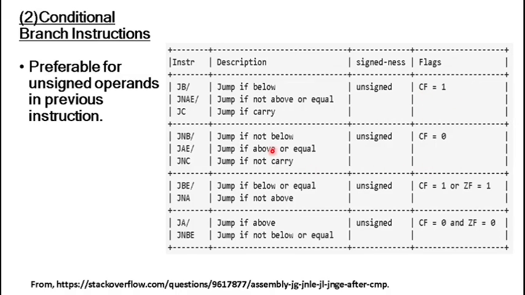Then if you have a compare where the result is below or equal, that is less than or equal, and you need to perform a jump, you can use JBE or JNA, and they check CF and ZF as shown here. And based on a compare or similar instructions, if you need to do a jump if the destination is greater than the source, you can use jump if above or jump if not below or equal, and the flags used are CF and ZF.